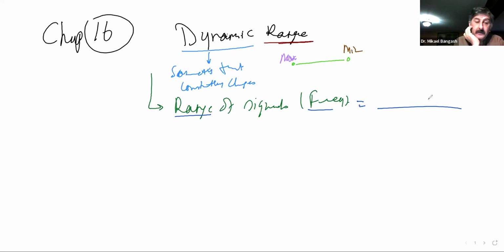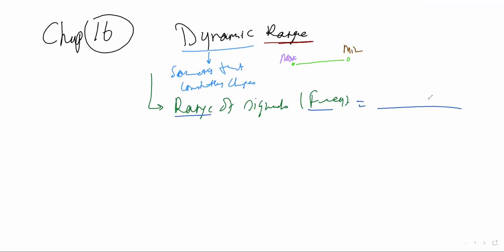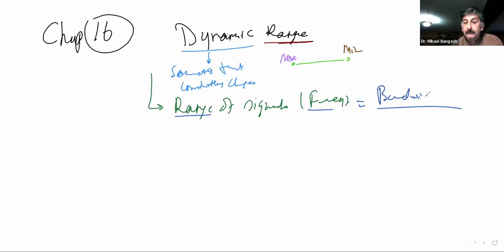A range of frequency between minimum and maximum, what will we call that? Bandwidth? Exactly. Clear? But that's not the one that we'll be talking about in this chapter.